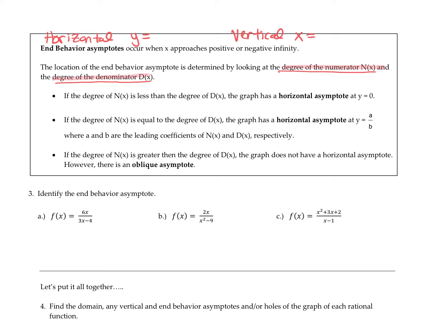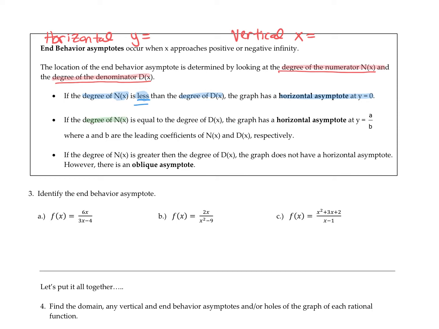And so we have three scenarios. Scenario one is when the degree of the numerator is less than the degree of the denominator. In this case, our horizontal asymptote will just be at y equals 0.